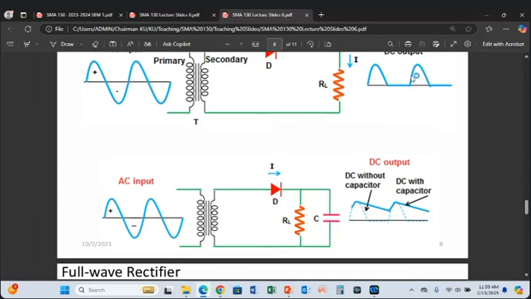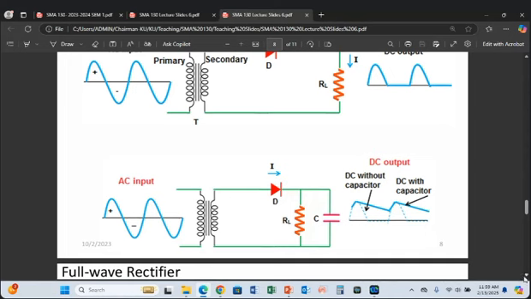When the capacitor is charged and the voltage is reducing, the capacitor will discharge until we come to the positive part again, when the capacitor will start charging.